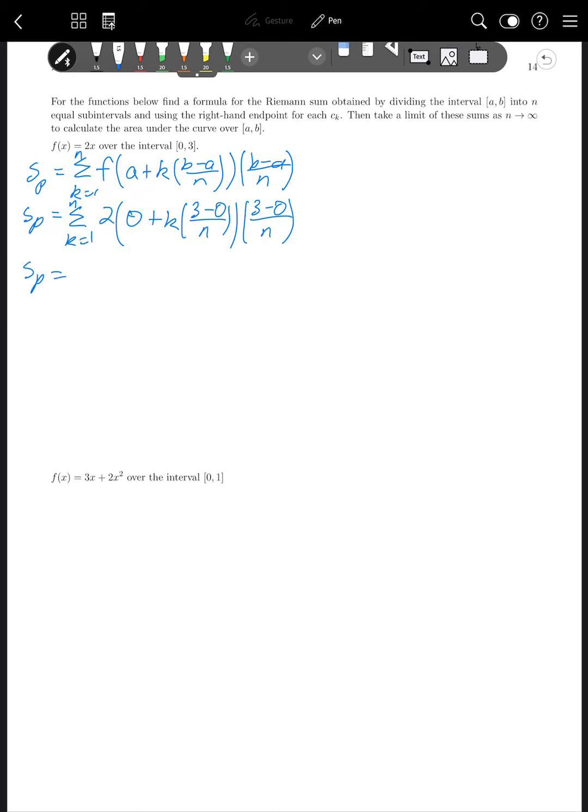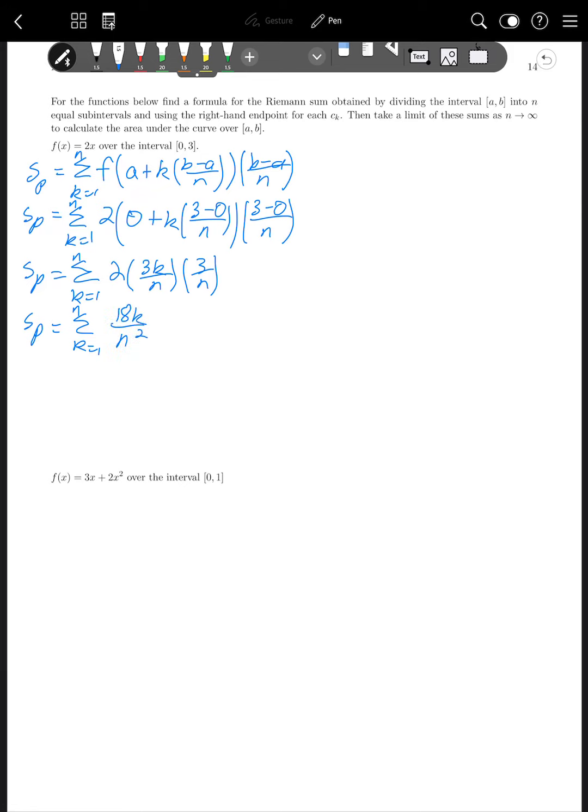Okay, and then we simplify. So this is S sub P equals the sum from k equals 1 to n of 2 times, 0 goes away, 3 minus 0 is 3, multiply, and you get 3k over n times 3 over n. Multiply those all together, 2 times 3 times 3 is 18k over n squared.